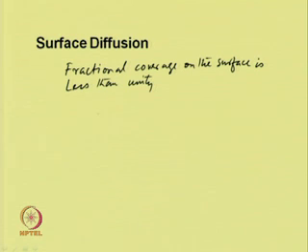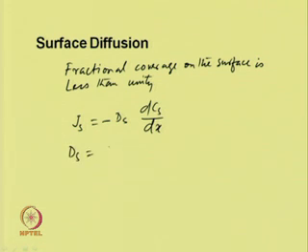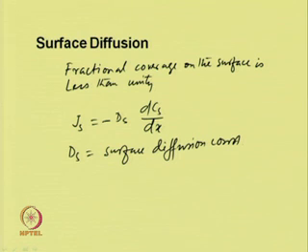The flux due to the surface diffusion can be represented by Fick's law, which is J s is equal to minus D s d C s by d x, where D s is the surface diffusion constant in meter square per second, and C s is the surface concentration in k mole per meter square.